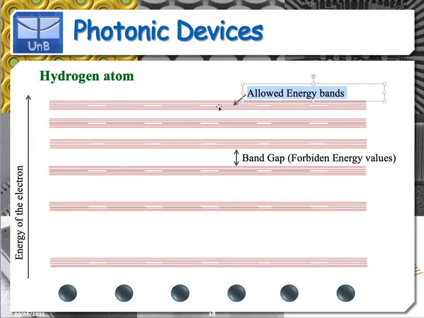They will almost, and the emphasis is on the word almost here, almost form a continuum of levels, okay? In reality, it's still discrete levels, but they are so close together that it's almost as if you had a continuum of energy levels effectively forming an energy band. So this is what energy bands are.